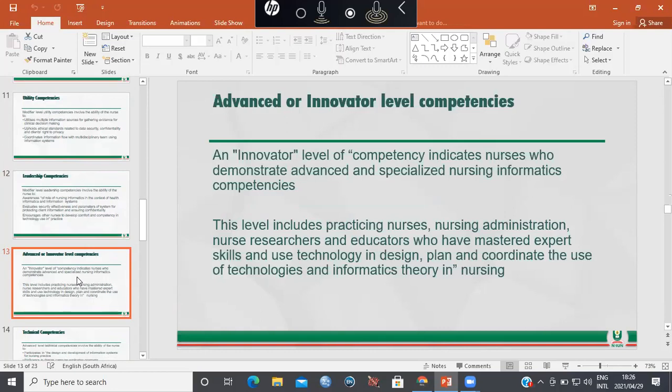This level includes practicing nurses, nursing administration, nurse researchers, nurse educators who have mastered expert skills and use technology to design, plan, and coordinate the use of technology and informatics theory in nursing.